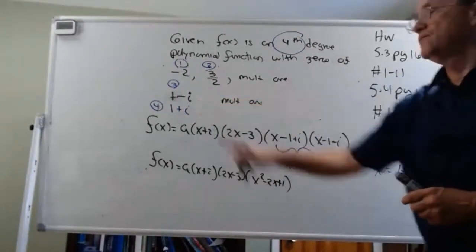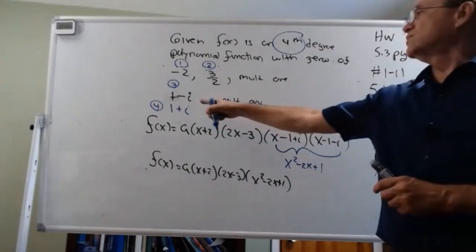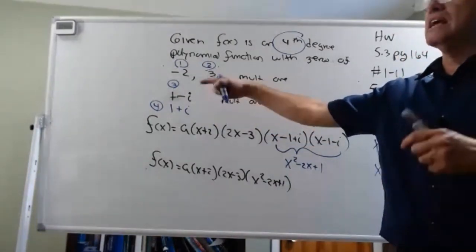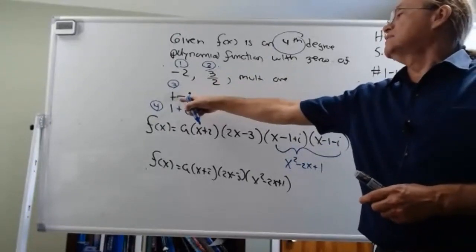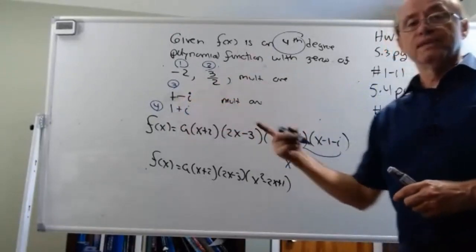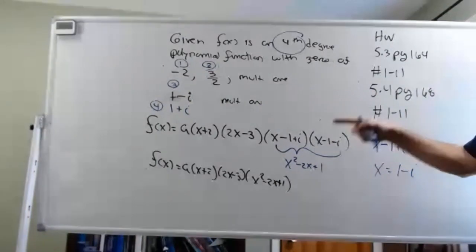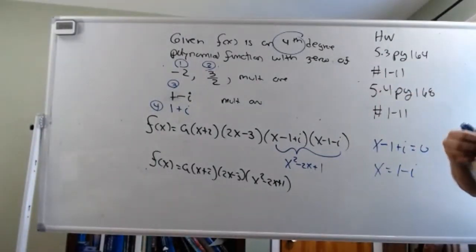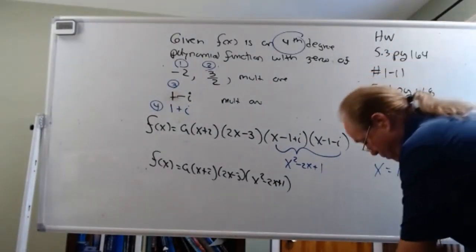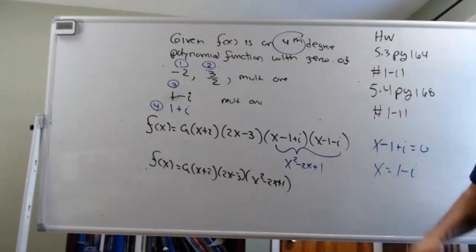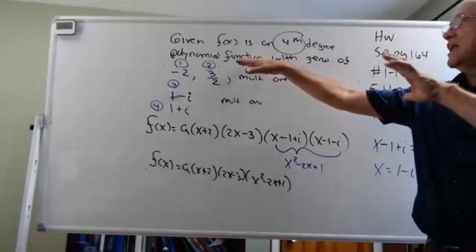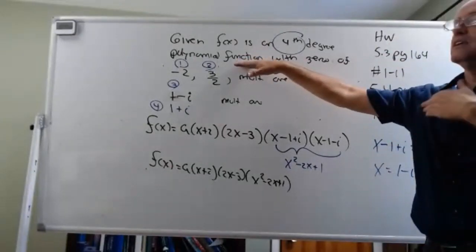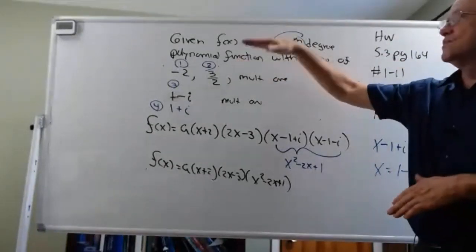That's a zero. But since all zeros also occur in complex conjugate pairs, if 1 minus i is there, 1 plus i must be there for this particular function, because I'm assuming that it has rational coefficients. All the coefficients are rational. So given a fourth-degree polynomial function, and I'm not going to state it, but it's going to be implied that these are rational coefficients.